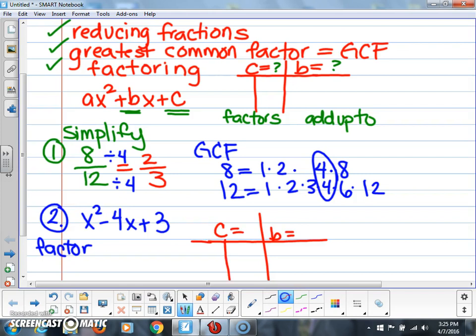Do I know what the value of C is according to this general form? Yeah, it's positive 3. Remember, we have ax squared plus bx plus c. The c is the positive 3. So c is equal to 3. And what is b going to be equal to? Yeah, b is going to be equal to a negative 4, not a positive 4.